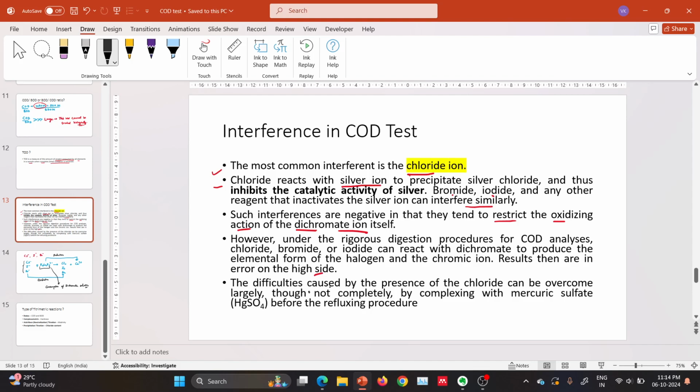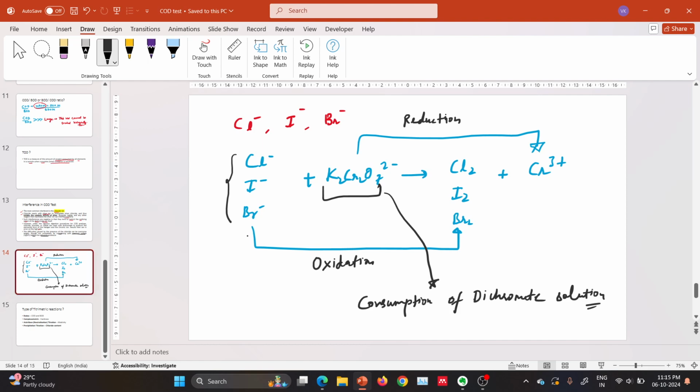This difficulty caused by the presence of chloride ion can be overcome largely, but not completely, by making a complex with mercuric sulfate, HgSO4, before the refluxing procedure. So before this procedure, we will add HgSO4. That will form a complex with these compounds, not fully, but up to some extent the interference can be reduced.